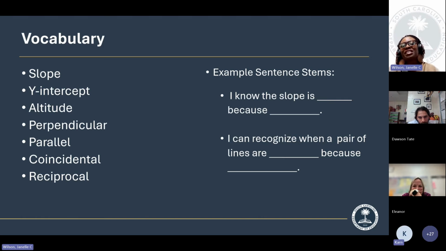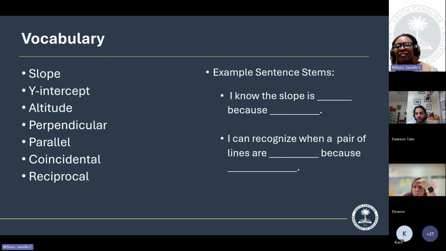All right, what about this sentence? I can recognize when a pair of lines are blank because blank. All right, we have in the chat, I can recognize when a pair of lines are parallel because they have the same slope. Okay, good. Parallel because they never intersect.